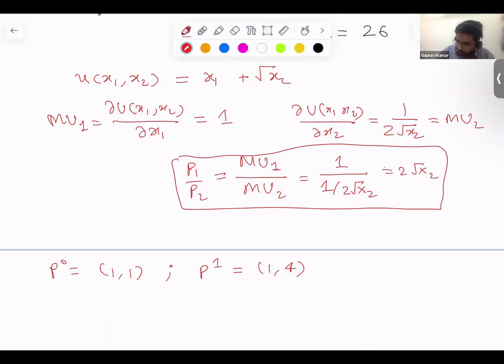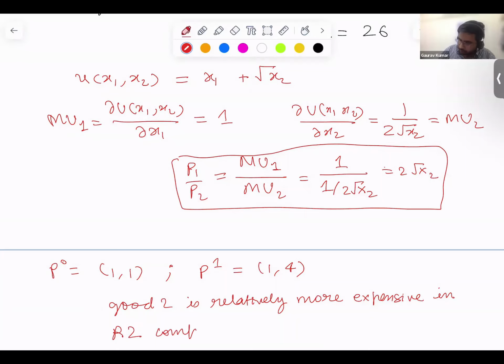Good 2 is relatively more expensive in regime 1 compared to regime 0.